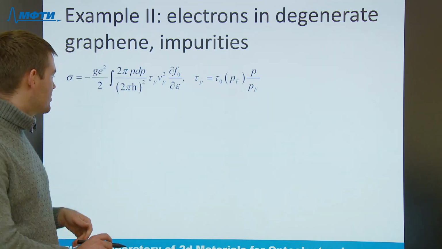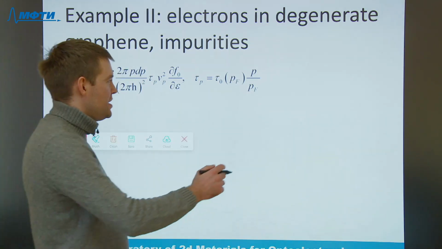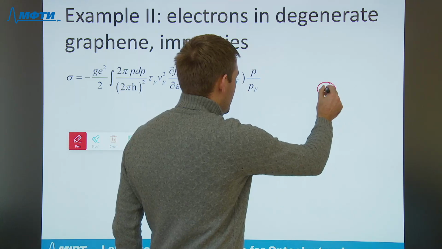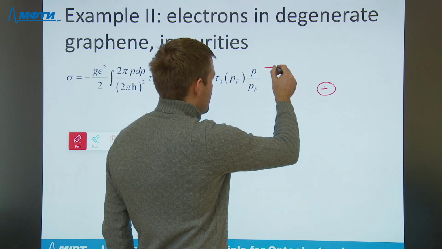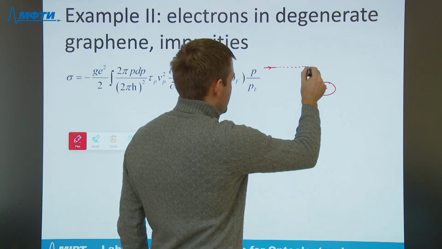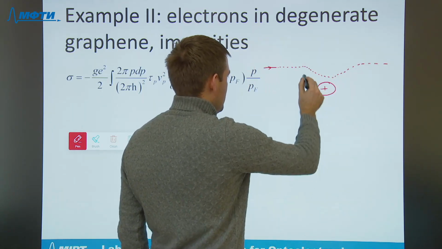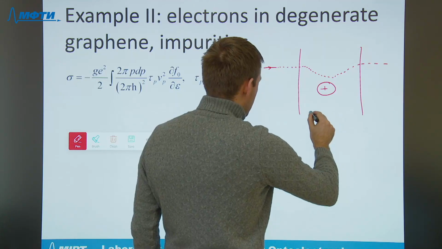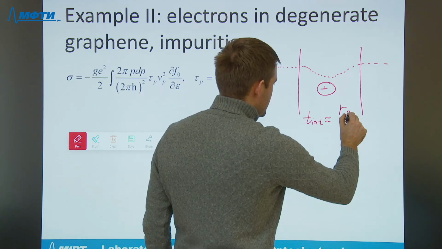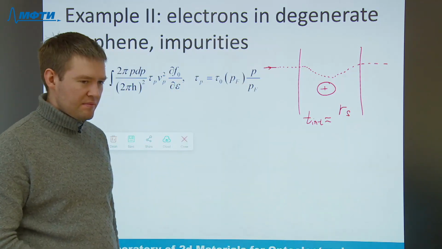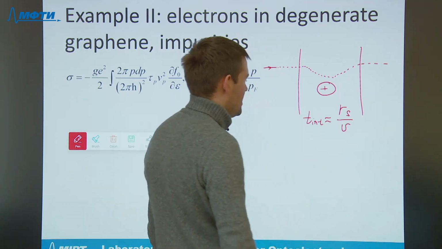This again comes from the argument about prolonged interaction for small velocity particles. If the particle has a small velocity, it moves slowly near the impurity, so it takes quite a long time to interact with it. The interaction time is roughly the screening radius of the impurity multiplied by the velocity.